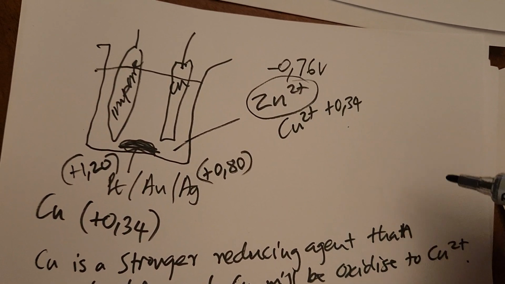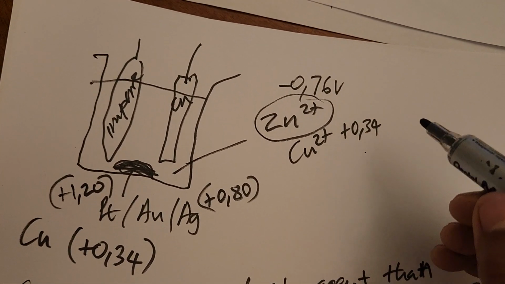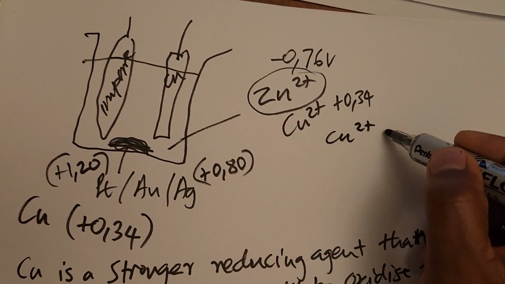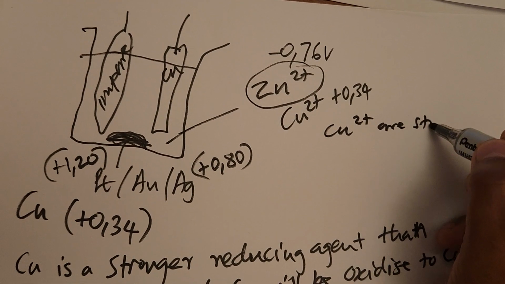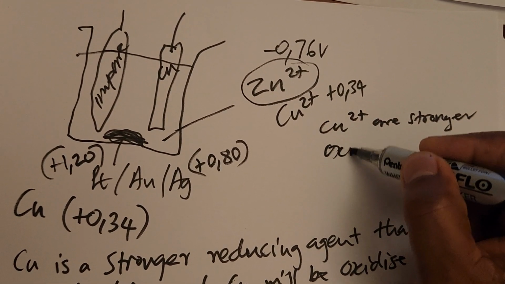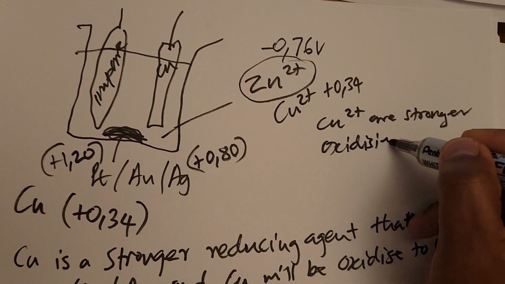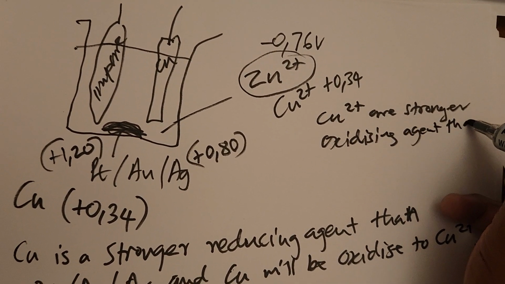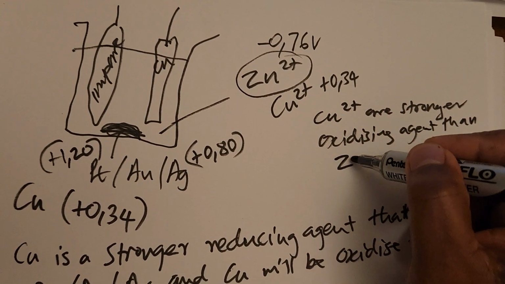If you check the oxidizing abilities of these ions, zinc ions will not be reduced in the presence of copper ions, because copper ions are a stronger oxidizing agent than zinc ions.